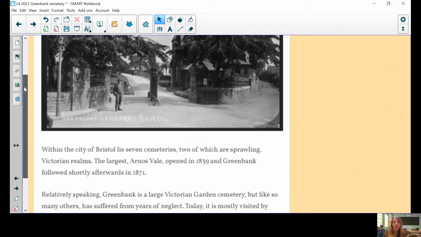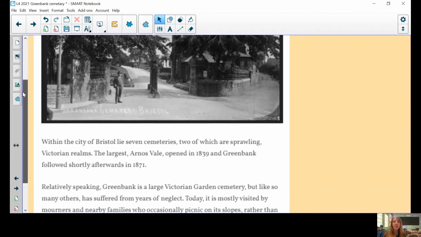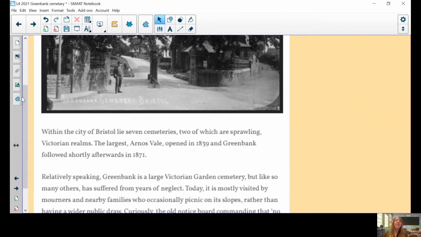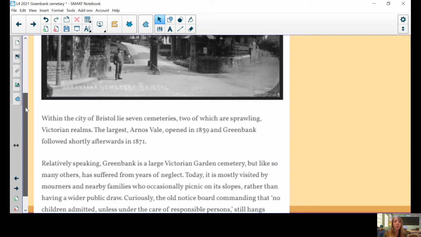Relatively speaking, Green Bank is a large Victorian garden cemetery, but like many others, it suffered from years of neglect, so it wasn't really very well looked after for a long time. Today it's mostly visited by mourners and nearby families who occasionally picnic on its slopes, rather than having a wider public draw. So not many people go and visit just to visit the graveyard. Some people just might live nearby, so might go and sit on the grass there.